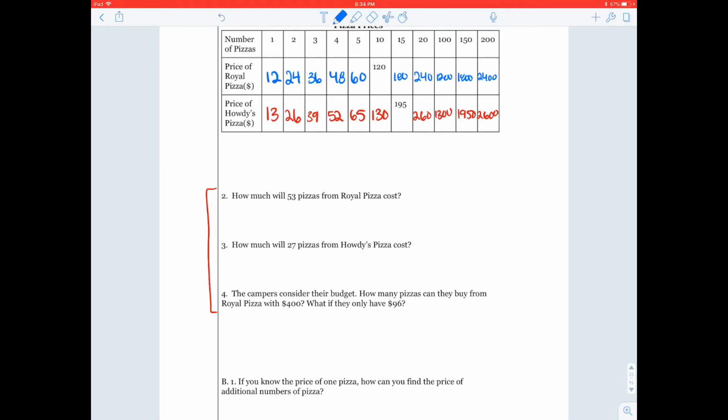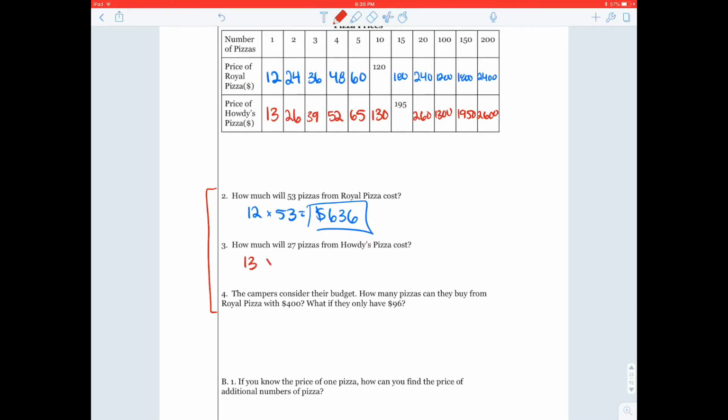So how much will 53 pizzas from Royal Pizza cost? Well, if one pizza costs $12, and we need 53, we're just going to multiply these two things. 12 times 53 is going to give me $636. Okay, how much will 27 pizzas from Howdy's Pizzas cost?